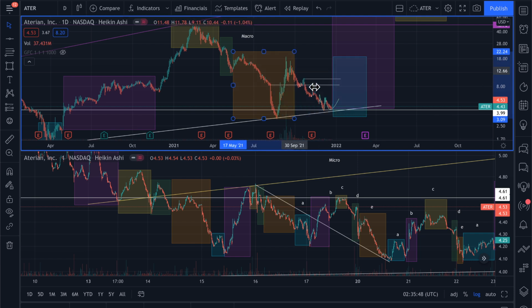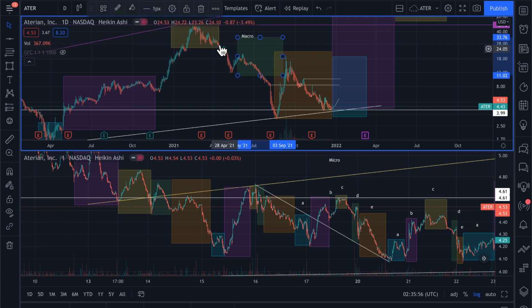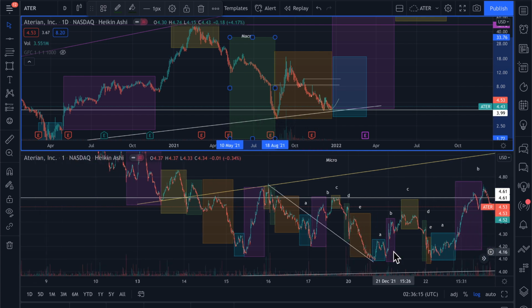E over here, and that this section is an elongated C right here, and that really, when we're looking at D, as I call it, it's this whole region. Okay, this push up, and then a major drop, and then E is sort of the recovery.